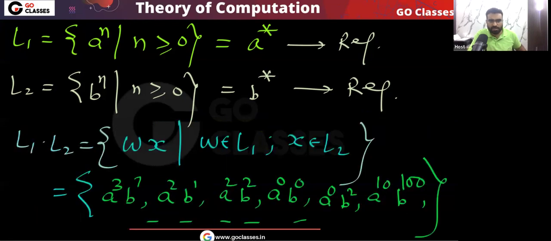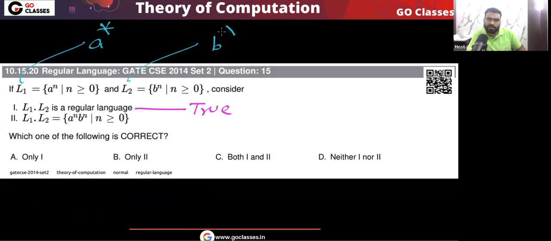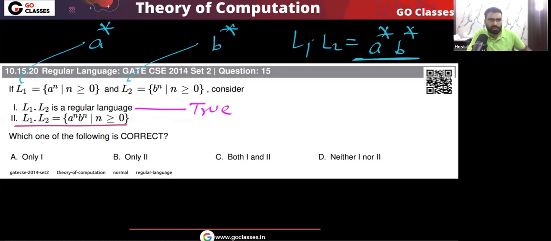Very simple question. So for this question, which option is correct? Here you can notice L1 dot L2 is regular. Yes, this is true, because L1 is a star and L2 is b star, so L1 dot L2 is any number of a followed by any number of b, a star b star. Can I say L1 dot L2 is equal to this? No, this is wrong. This is false.